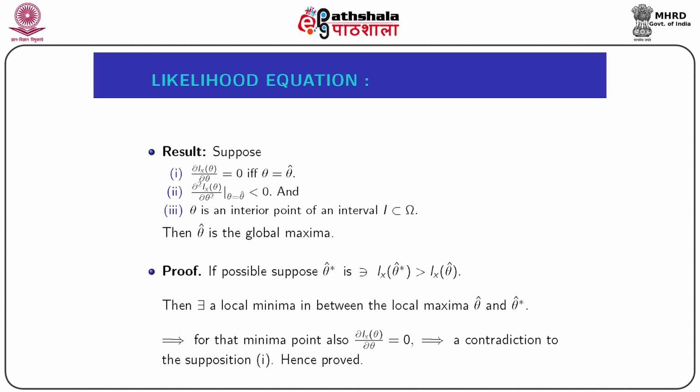Naturally, this implies for that minima point also the first order derivative of the log likelihood function small lx theta should be equal to 0, which is a contradiction to the given condition of the result. Hence, the uniqueness of the maximum likelihood estimator theta hat is established.